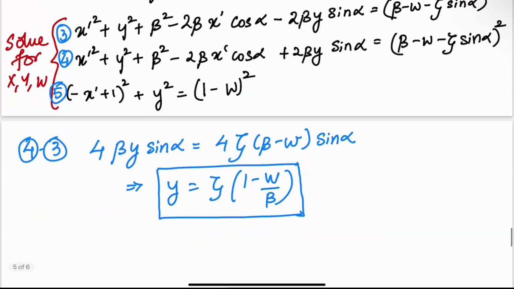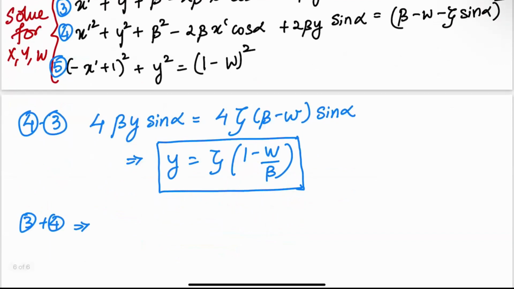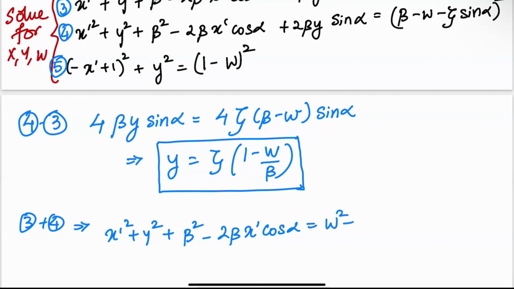Okay, and then if you add equations 3 and 4, I do 3 plus 4, then I get a new equation, which is x prime square plus y square plus beta square minus 2 beta x prime cosine alpha is equal to w square plus beta square minus 2 beta w plus zeta square sine square alpha.